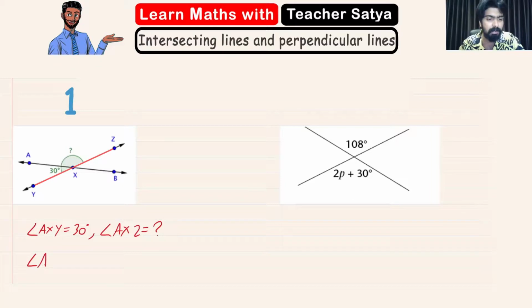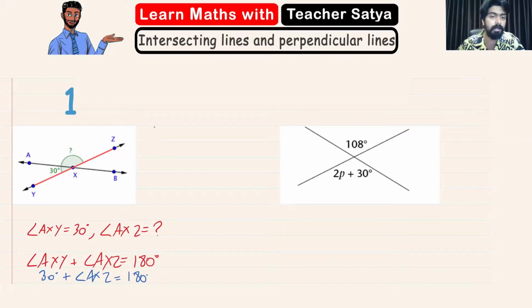So angle AXY plus angle AXZ is equal to 180 degrees, right guys? Now let's substitute what we know from this question. So we know that angle AXY is 30 degrees plus angle AXZ, and these two angles add up to 180 degrees, right guys?